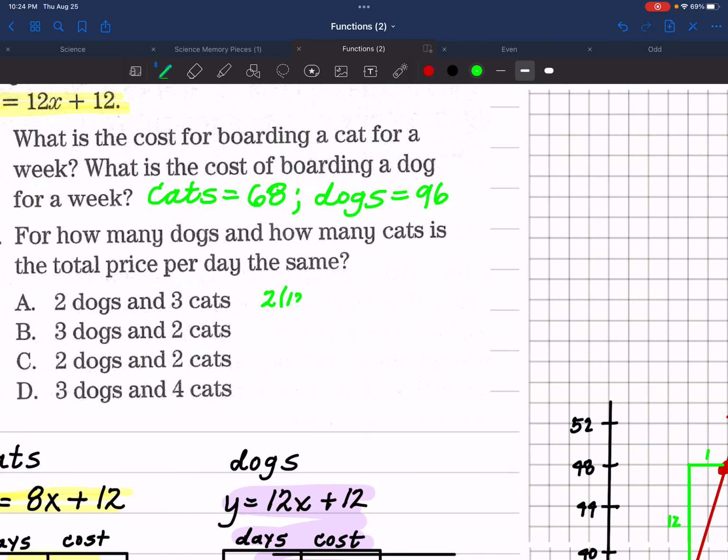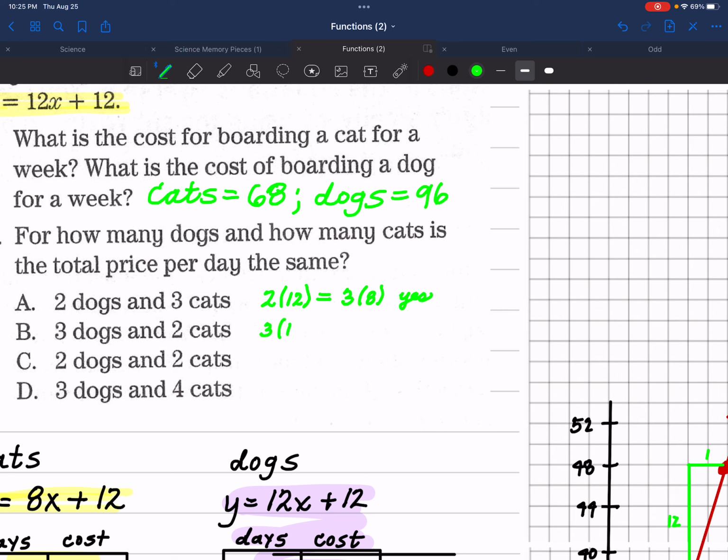So 2 times 12 plus 3 times, oh, sorry, not plus. We want to know if 2 times the dogs and 3 times the cats are the same amount. Well, 2 12s are 24 and 3 8s are 24. So yes, that is true.